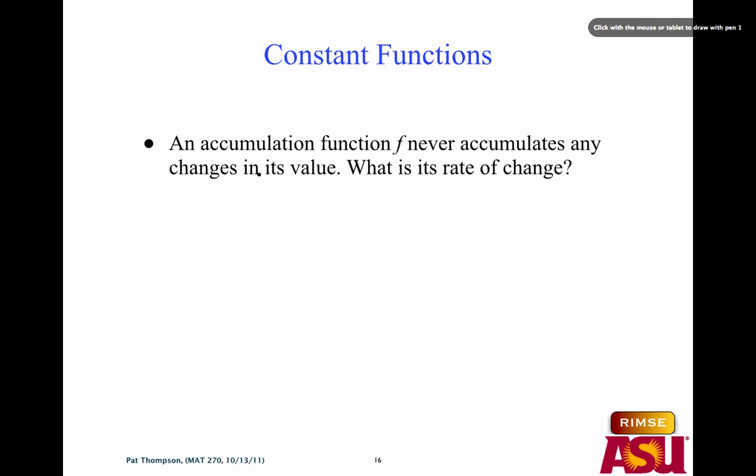There's never any changes in the output value of a constant function. So if there's never any changes in the value, what would the rate of change be? Hopefully you paused to think, and you came up with 0. If it's never accumulating anything, then there's no rate of change to model the rate at which things accumulate.